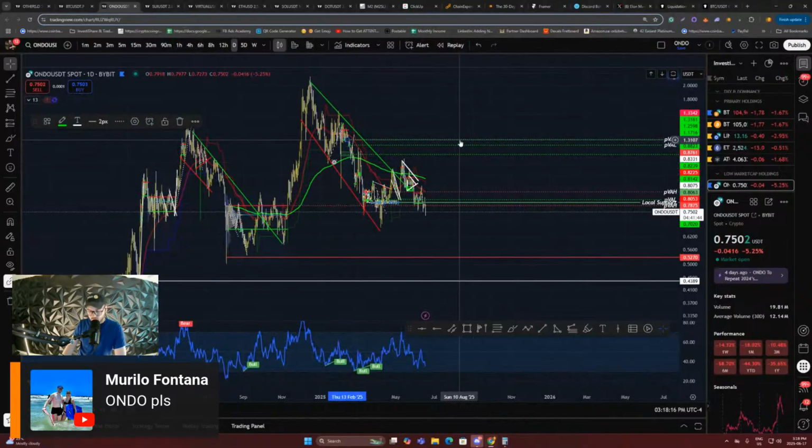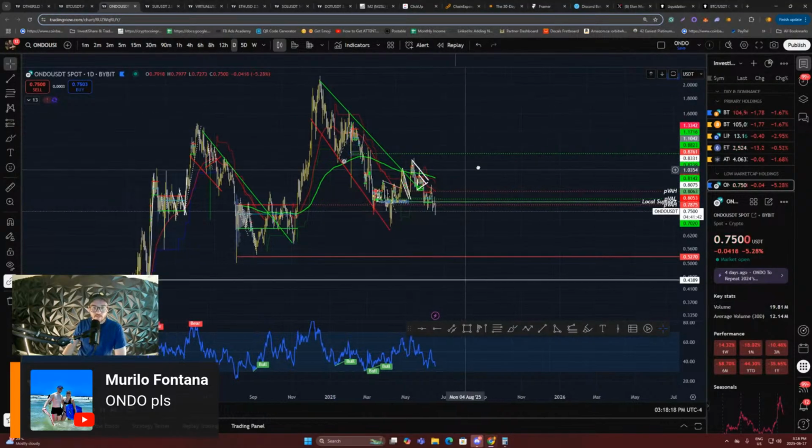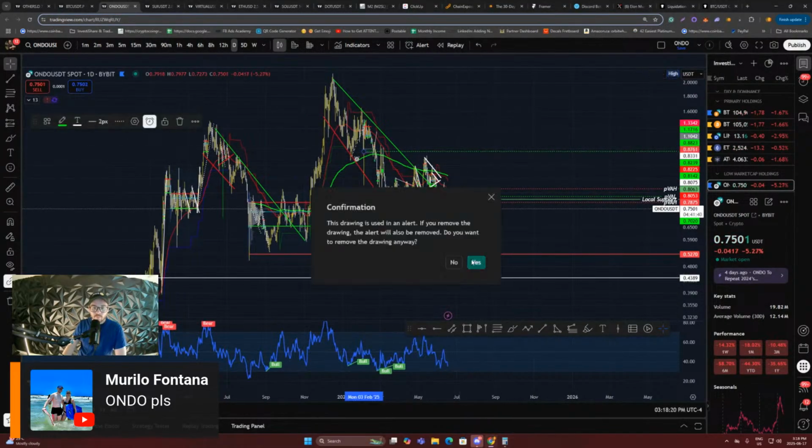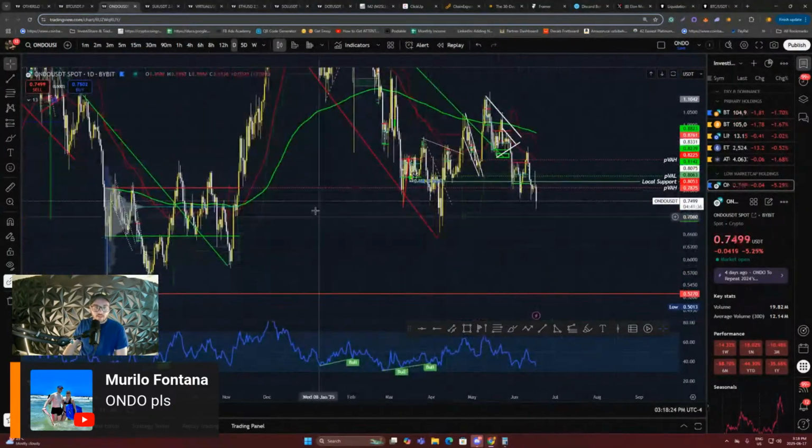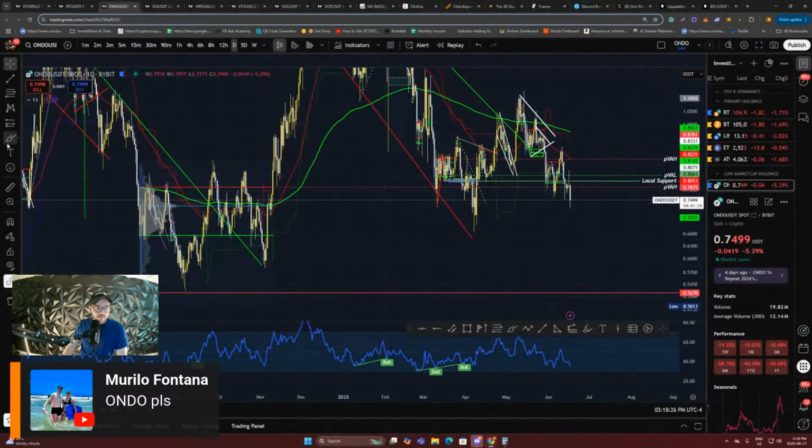I'll get rid of some of this noise. So I've been watching Ondo's previous value area here as a form of confluence for potential support.